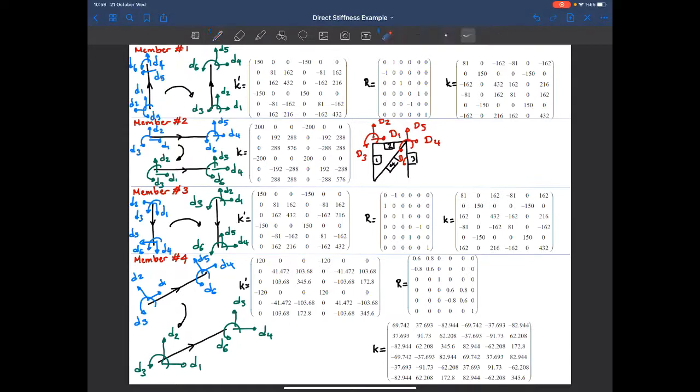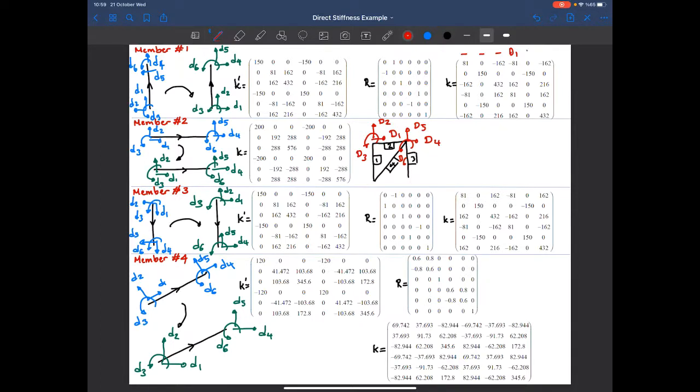Now I'm looking at the first member. The fourth, fifth, and sixth degrees of freedom will correspond to the first, second, and third degrees of freedom of the structure. So I'm really interested in the following coefficients. These three coefficients we don't use in the structural stiffness matrix, but the fourth degree of freedom is defined as the first degree of freedom in the structure.